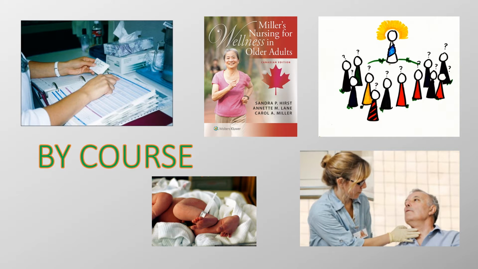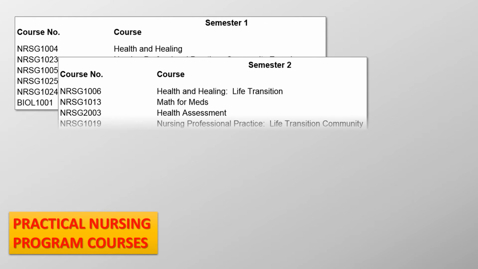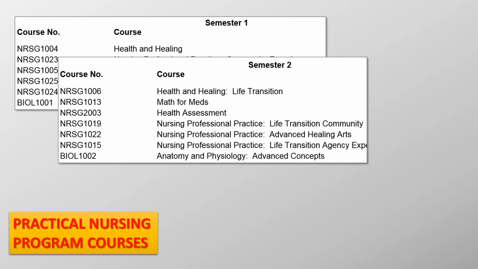First off, you could approach your studying by looking at courses you've taken in the past. For example, you've taken courses in semester 1 such as Health and Healing and Development of Self as Nurse, Fundamental Healing Arts. You've taken courses in semester 2 such as Health Assessment and Advanced Healing Arts.